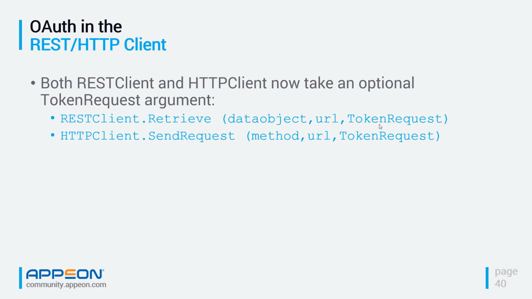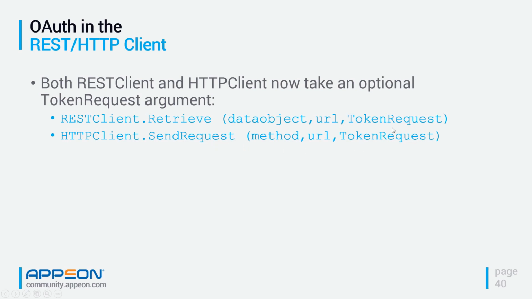And so when you pass in another token request argument, PowerBuilder is going to look at that token request and say, do I have a matching token request that I've already got from this service? And if so, it just goes ahead and uses the token it already received rather than sending another request. So it's handling that all for you.